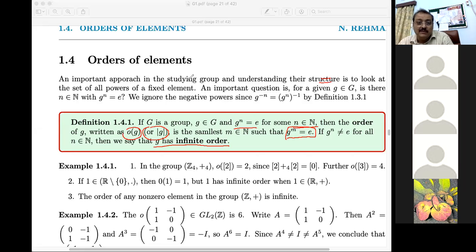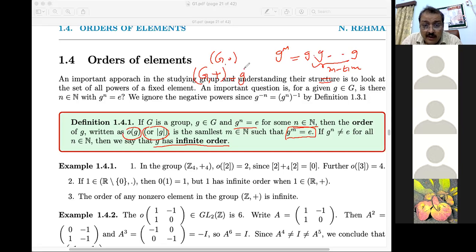Now, when we talk about powers, there are two cases here. If our group G is under multiplication, then g to the power m means g · g · ... up to g, that is m times. Now suppose G is a group under addition, then g to the power m means g plus g plus g and so on plus g, again m times.